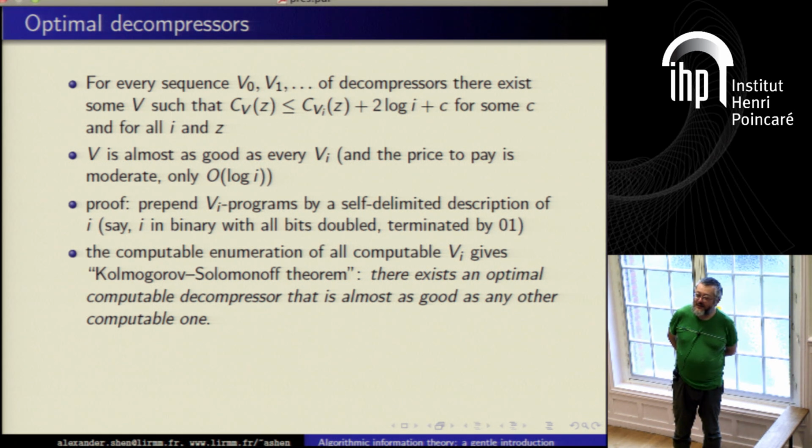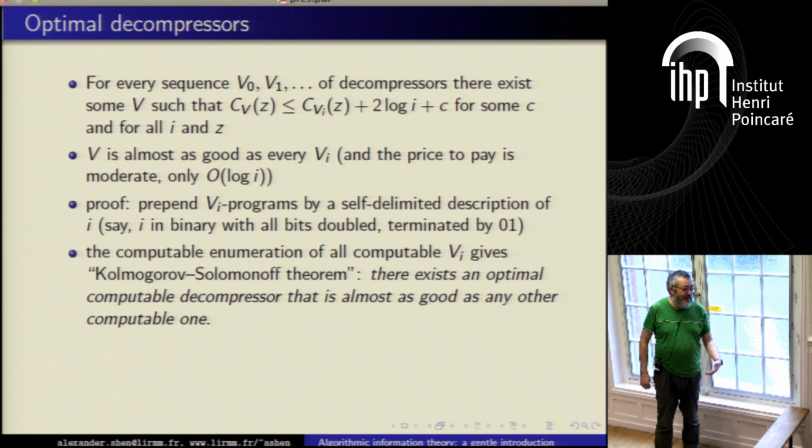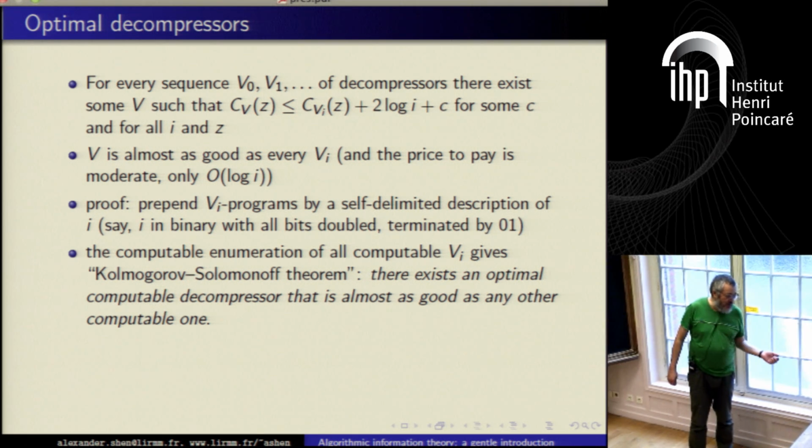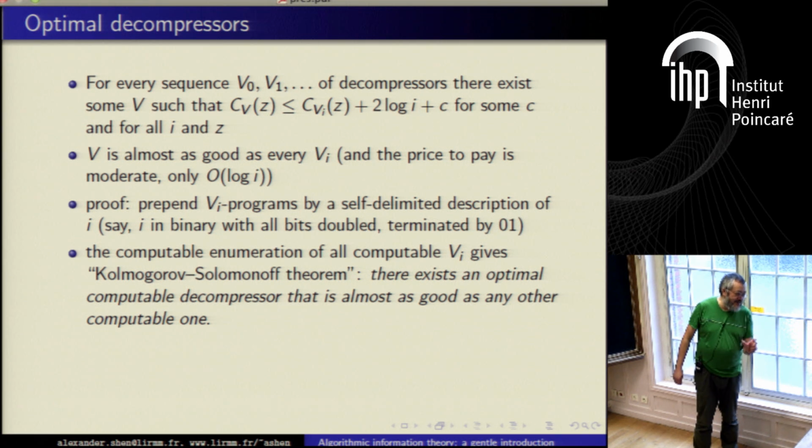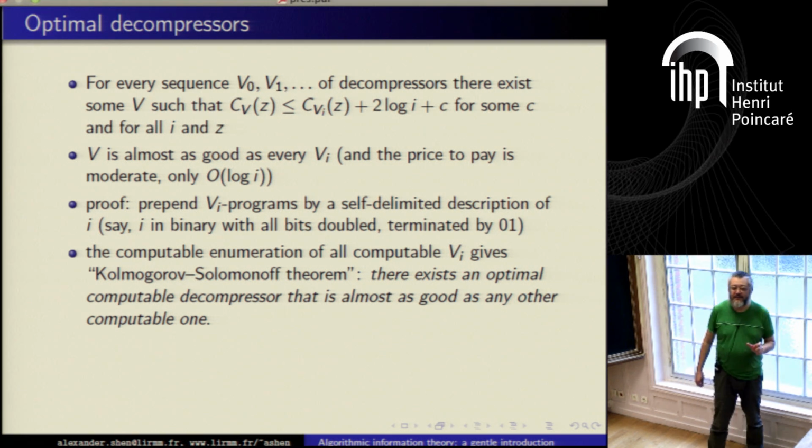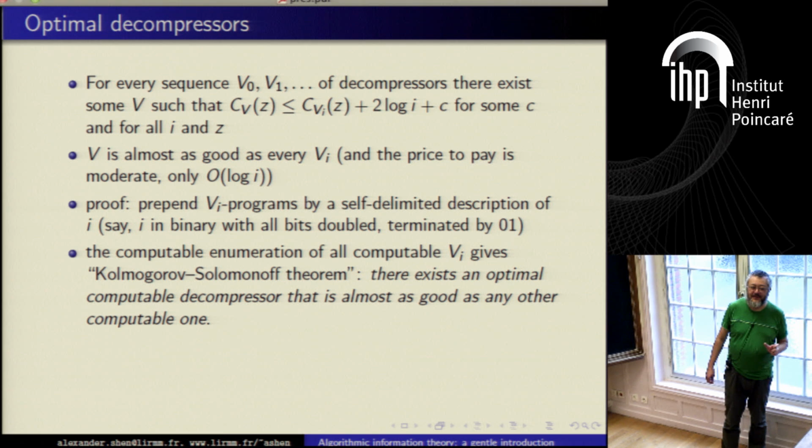How do you say it's optimal? Optimality is defined that for every other one there exists a constant such that the complexity with respect to the first is bounded by the complexity with respect to the second plus this constant. I guess I'm complaining about what is a constant and what's not a constant. The index could be the description itself, right?